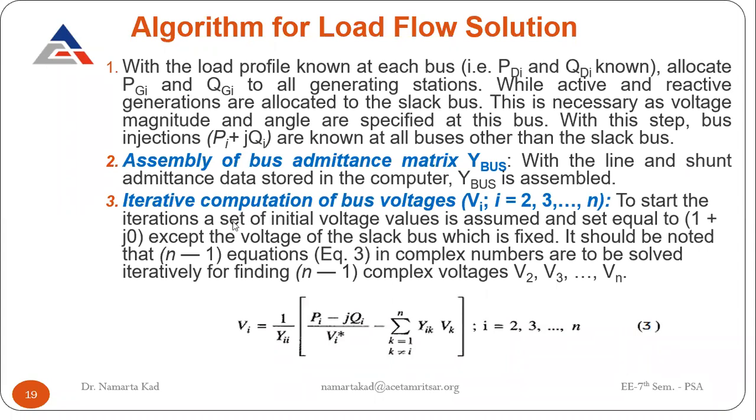With the line and shunt admittance data stored in the computer, Y bus is assembled. Why is the Y bus data required? Because in the equations we need these Y admittance values, like here for the 2, 3 value or the 3, 4 value for the particular admittance.